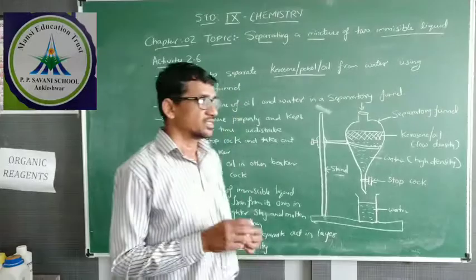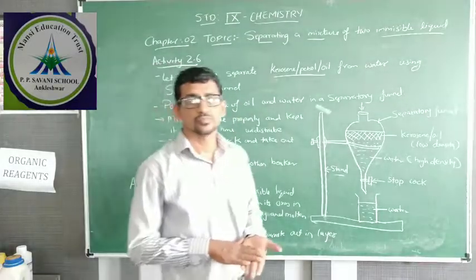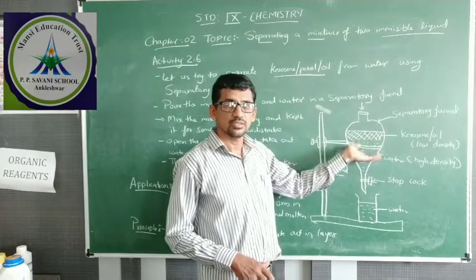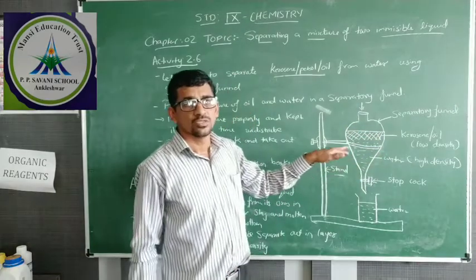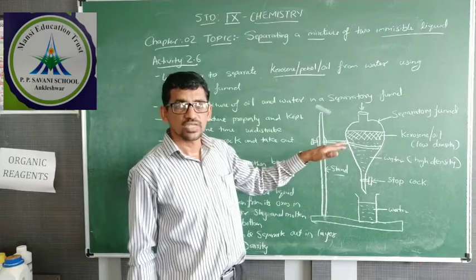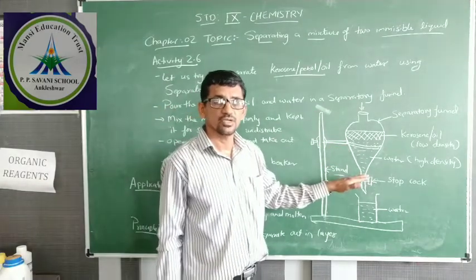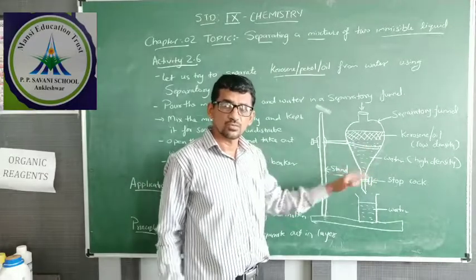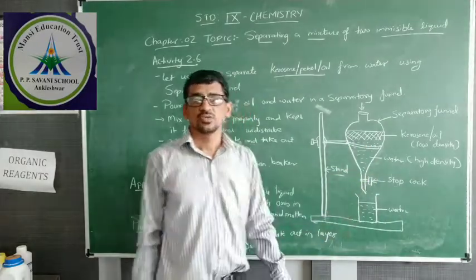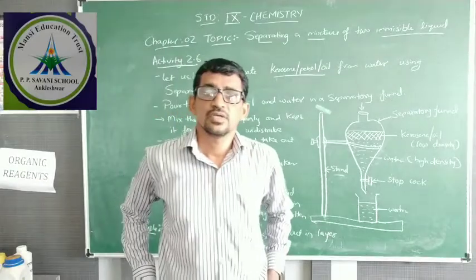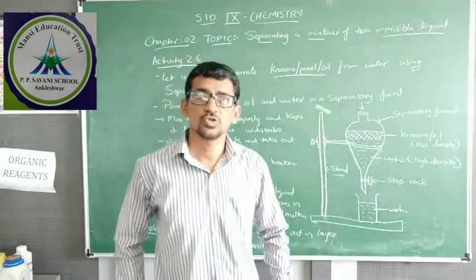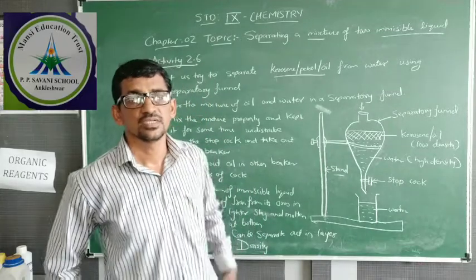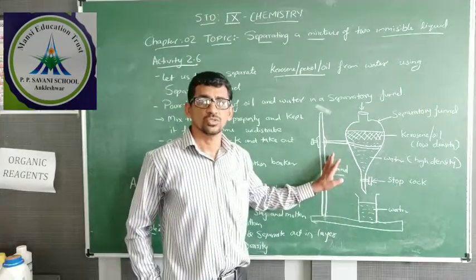If the density is low, that liquid will come up, and the liquid with more density will be attracted more by gravity and will settle down. So we can separate these two immiscible liquids if the density difference between them is very high. If both have the same density, then this method cannot be used.